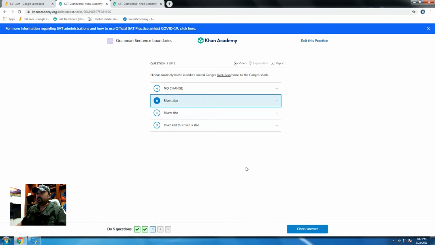So that would be my first guess. It shouldn't be a semicolon, because semicolon structure is independent clause, semicolon, independent clause. What's after it should be a finished clause or sentence. So it can't be C. I think it's a comma.